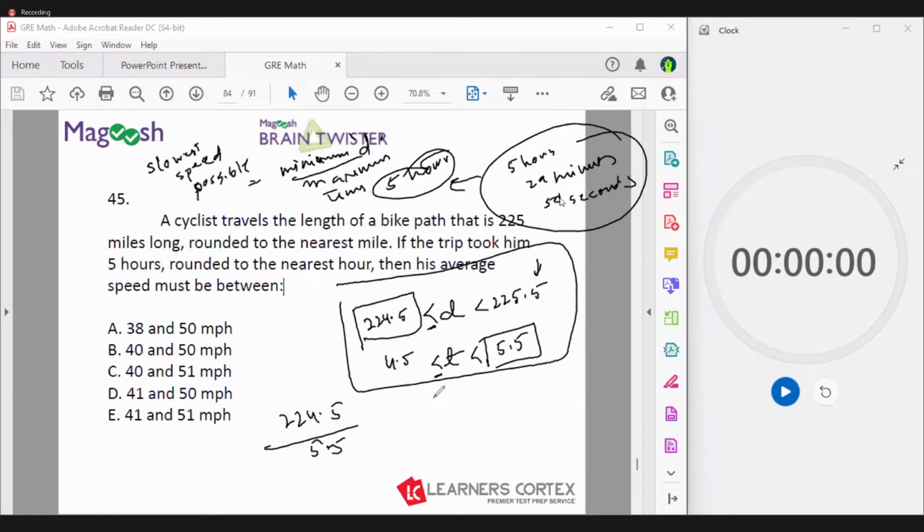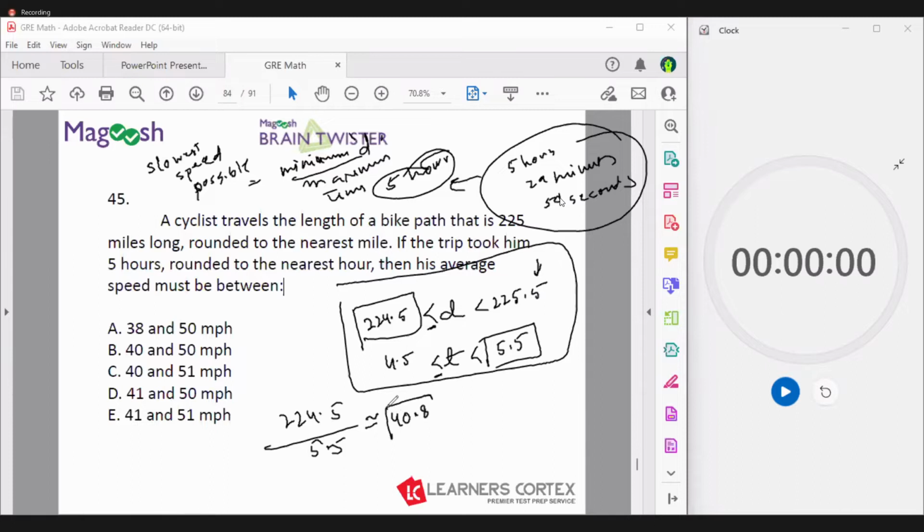Okay, what we can do is we can basically just divide this. So 224.5 divided by 5.5 gives us somewhere around 40.8. Okay, it gives us approximately 40.8.